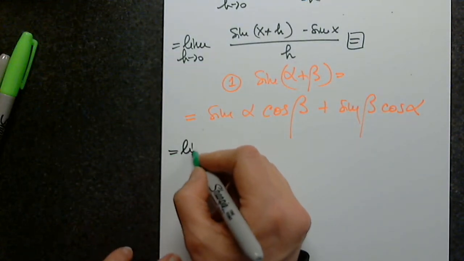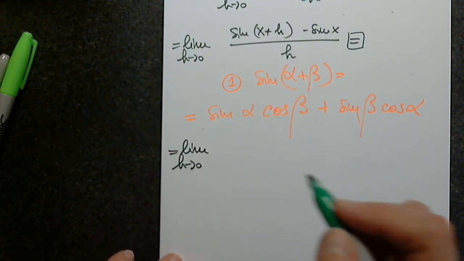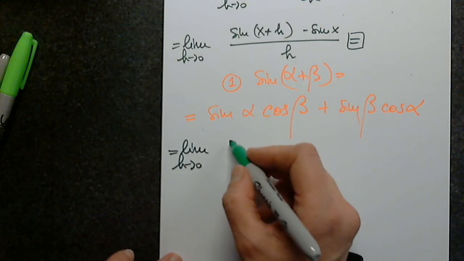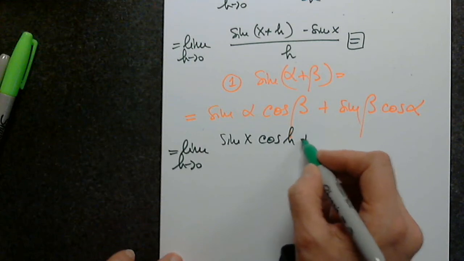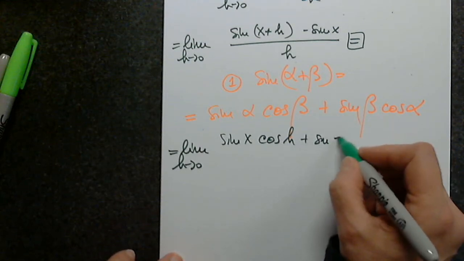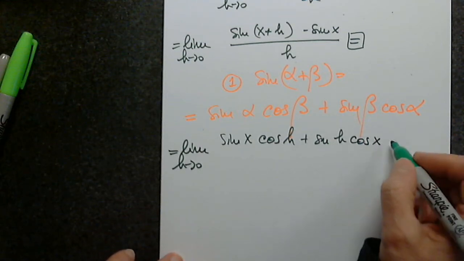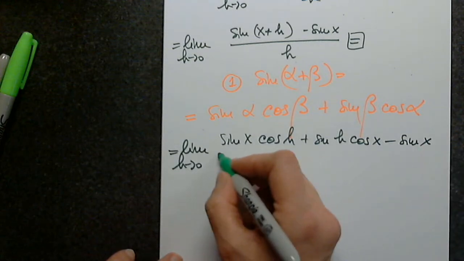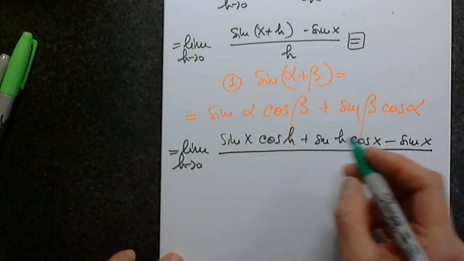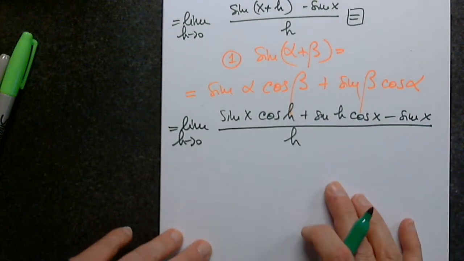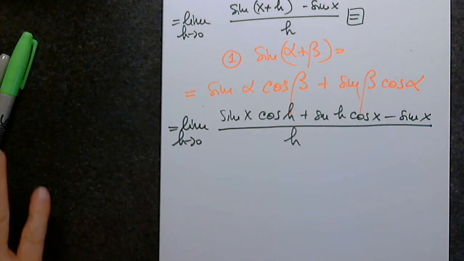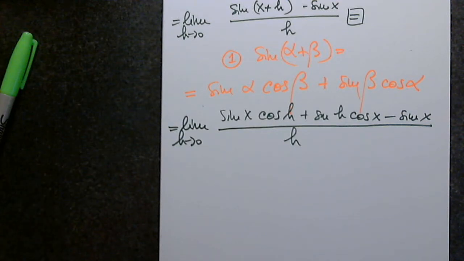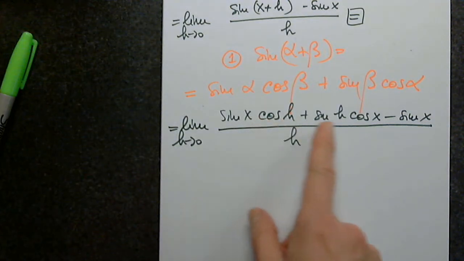Writing limit as h approaches 0 from sine x cosine h plus sine h cosine x minus sine x, everything divided by h. Okay, so now let's look at these three terms.